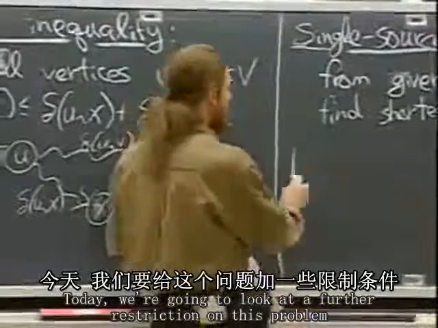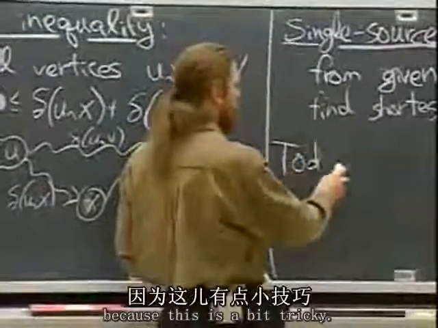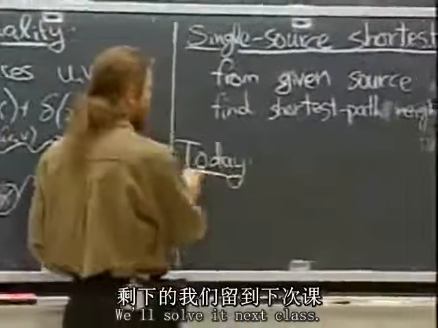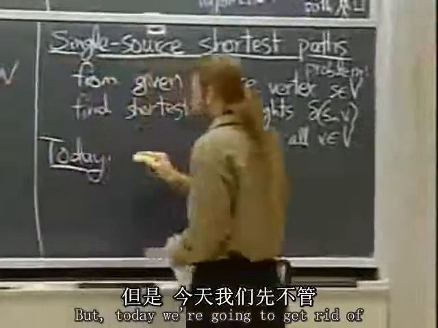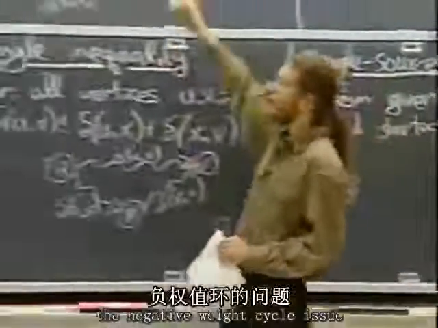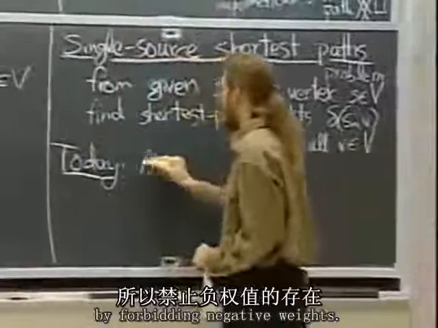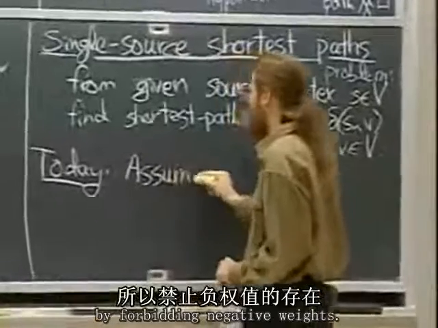Today we're going to look at a further restriction on this problem because this is a bit tricky. We'll solve it next class. But today we're going to get rid of the negative weight cycle issue by forbidding negative weights.